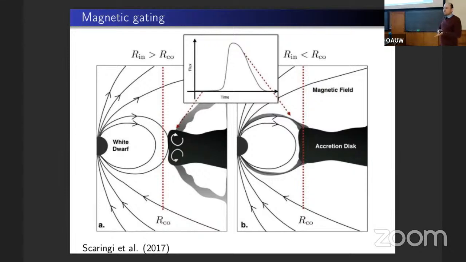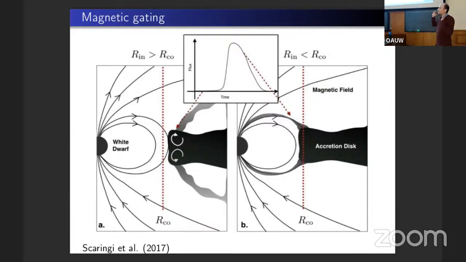And the magnetosphere corotates with the white dwarf, and the white dwarf rotates too fast for the matter in the accretion disk to fall onto it. So the Keplerian velocity of the matter in the innermost radius of the accretion disk is too slow to keep up with the white dwarf. So the magnetic field pushes away the matter.